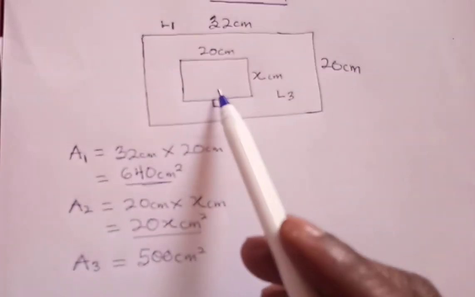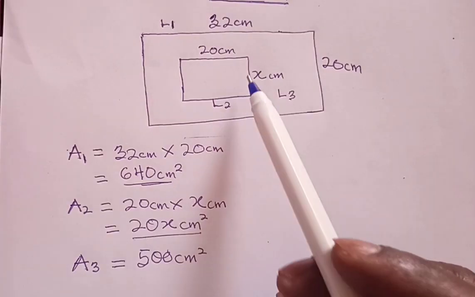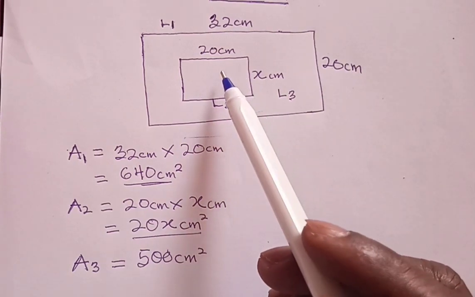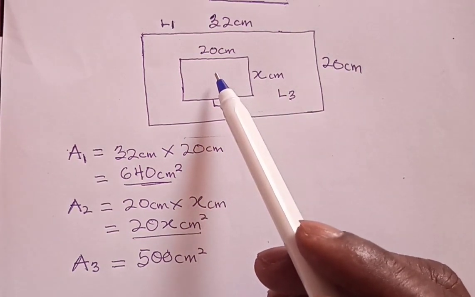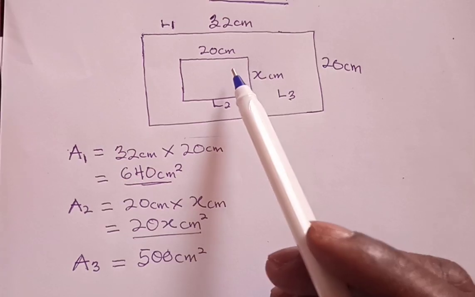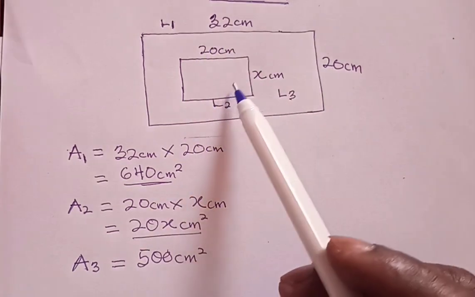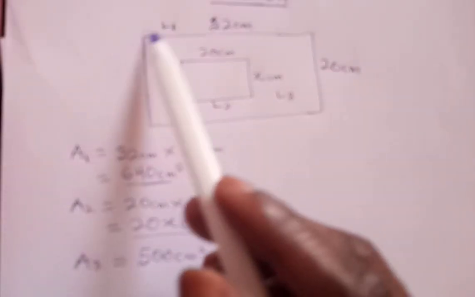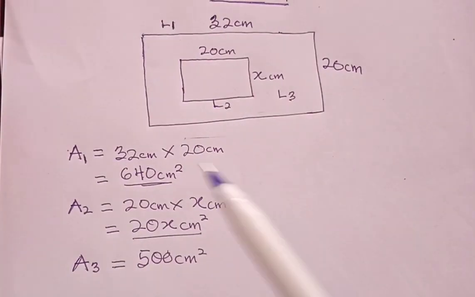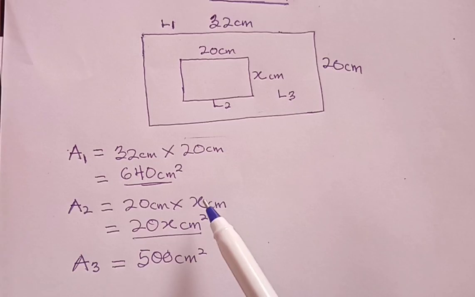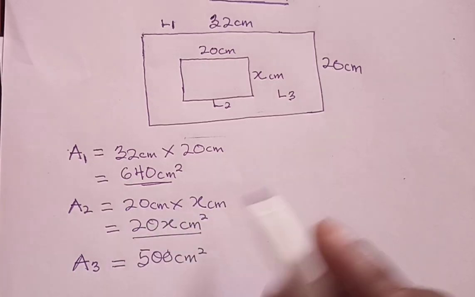I have to add the area of the portion used for building the house and the portion used for the garden. All together will give me the total area of the plot of land.